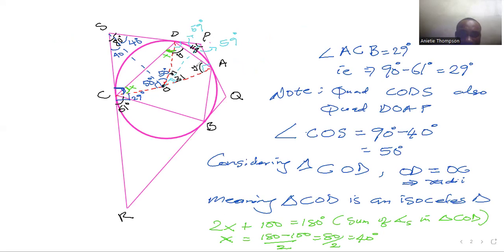That means each of these places that we have Y here must be equal to 59 degrees. That's 59 here and 59 here. That means we have completely obtained the value of angle D at this point.